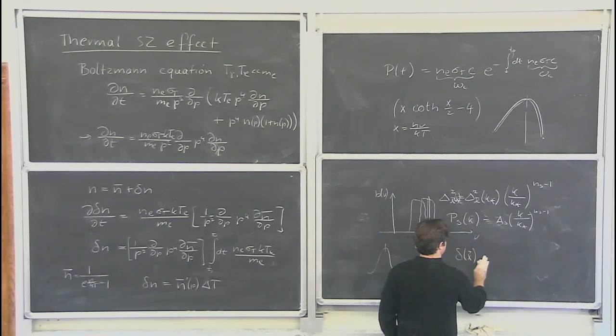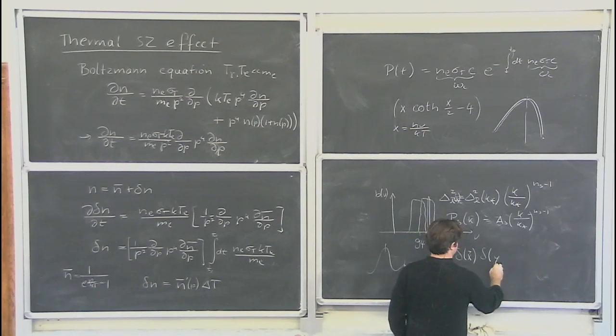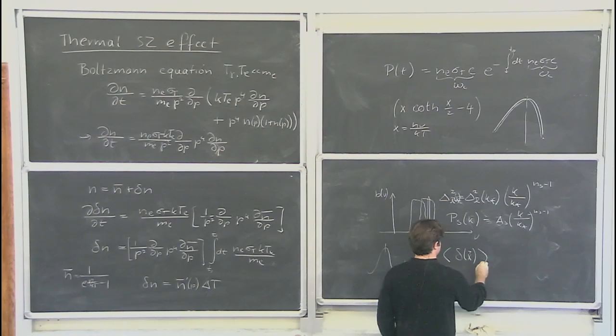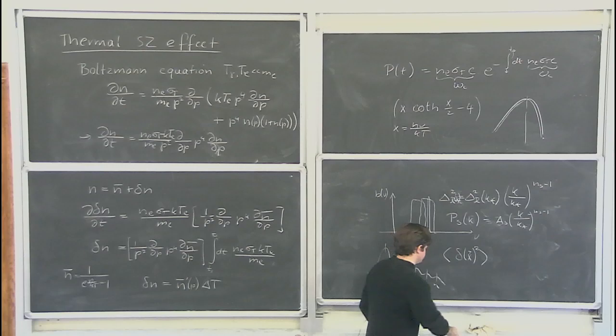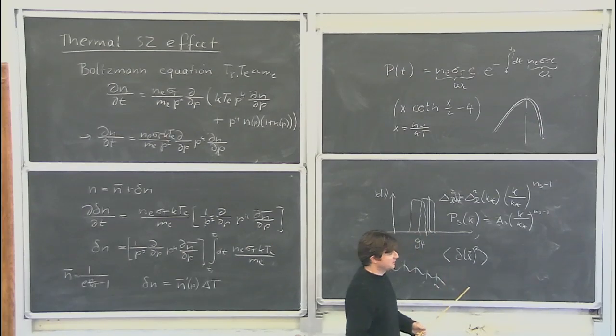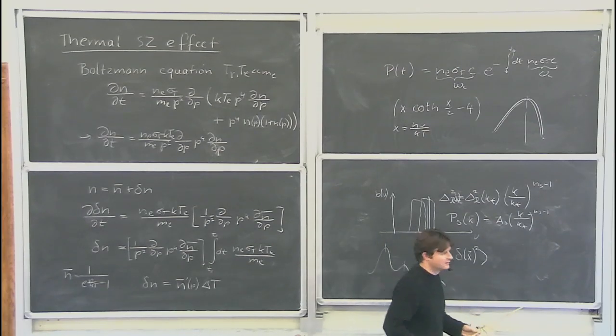Let's say this is related to the variance of the averaged quantity. And you average it because otherwise it blows up on short distances.